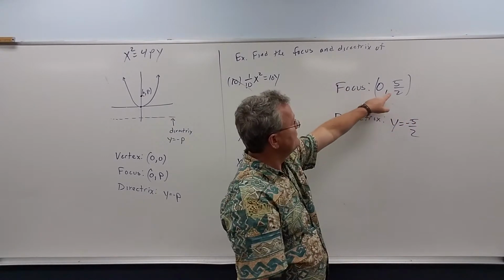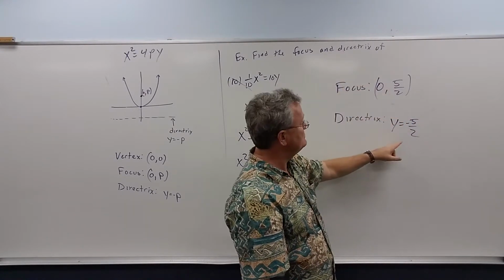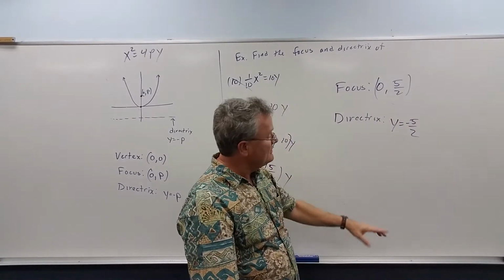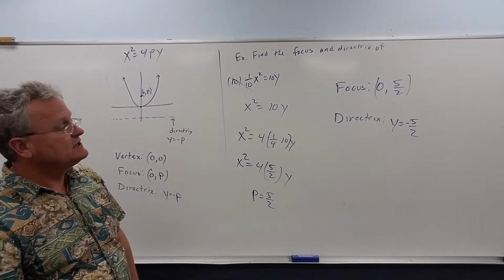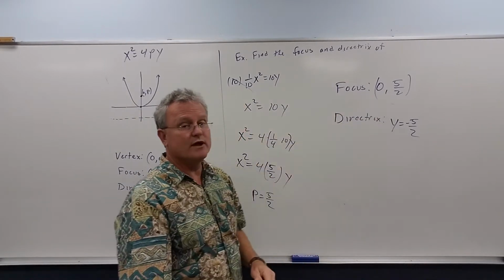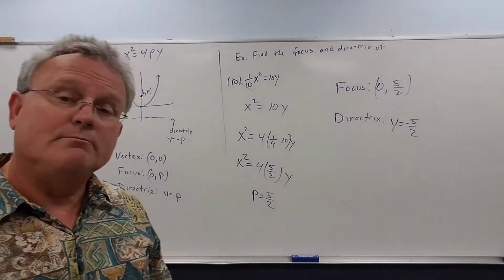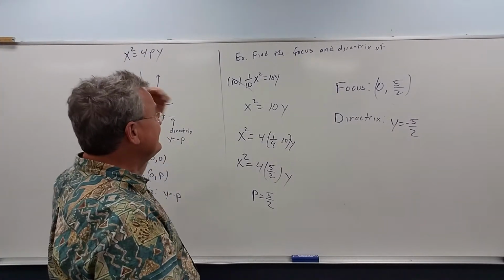Notice the focus is (0, 5 over 2). This is y equals minus 5 over 2. It's just down from the vertex, the same distance that the focus is away from the vertex. So those are our answers. We could graph this.